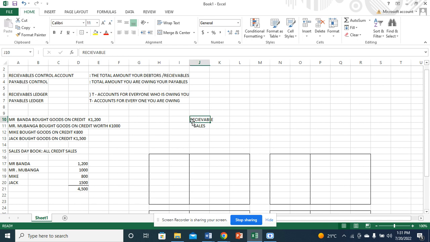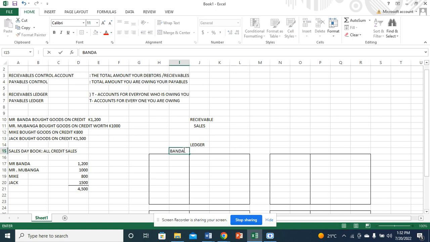We're focusing on the receivables accounts found in the ledger. This is our ledger. We'll have each of the receivables who are owing us money, and each of these receivables we're going to debit.